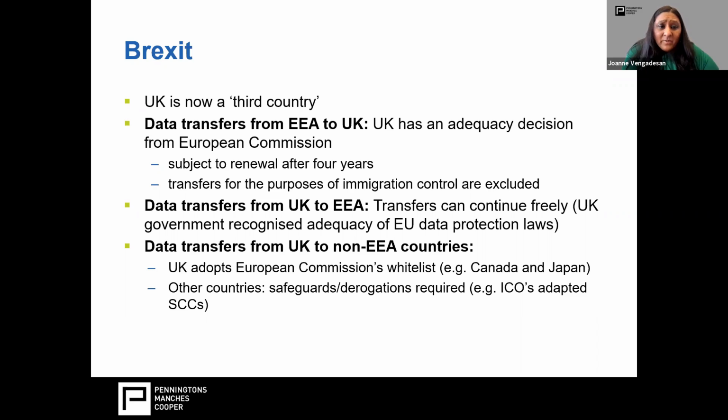But aside from that, we're generally free in relation to data movement between the UK and the EU. And the UK has adopted the approach that exists under the GDPR in relation to international data transfers.